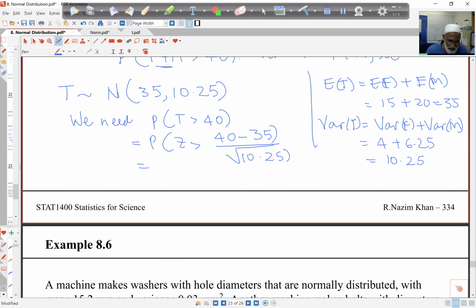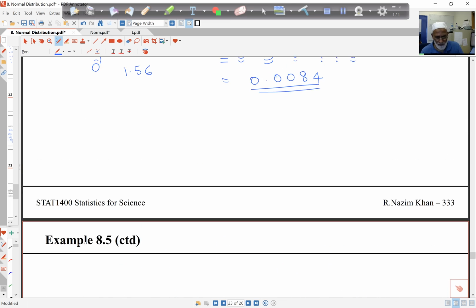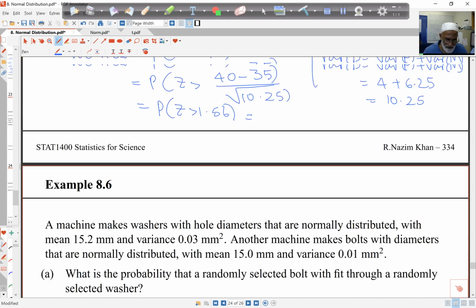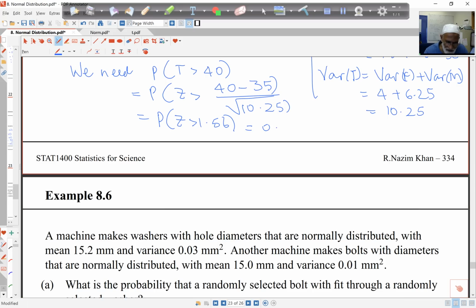In other words, it's exactly the same as before. And so the answer I had before, my 0.0084, is still what I get here. So you can see how this works. It's not that difficult. I've got sums and differences.